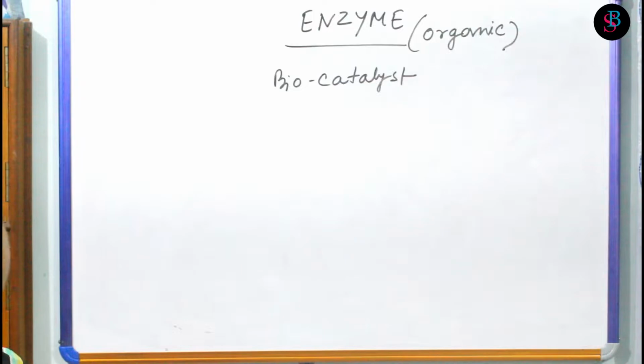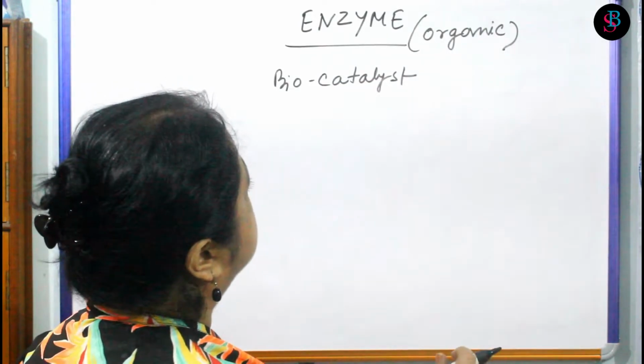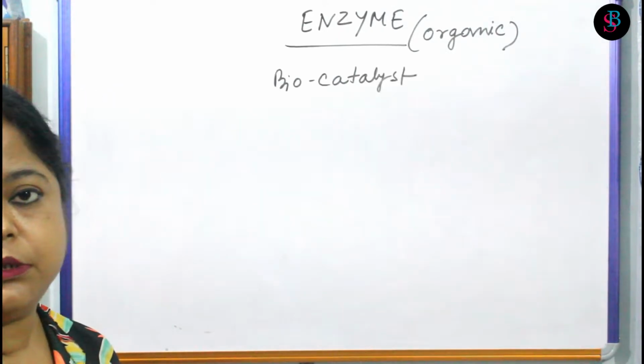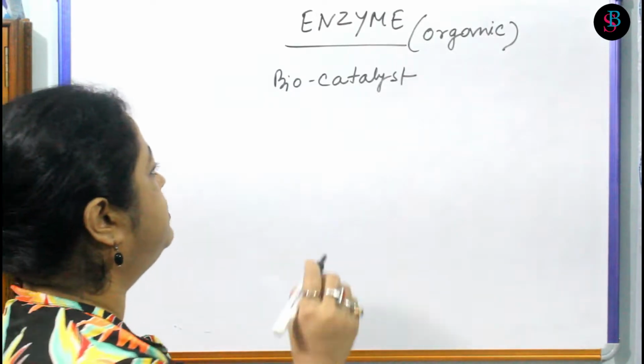Now, first the history of the enzyme. Who first observed enzyme? Who gave the term enzyme? Who first isolated the enzyme, etc. So about the history of the enzyme, I am telling.